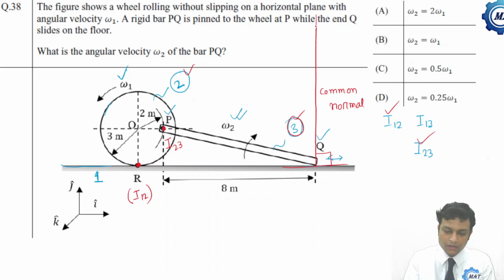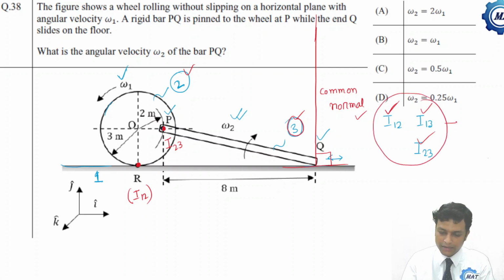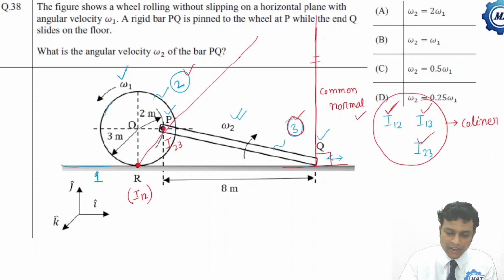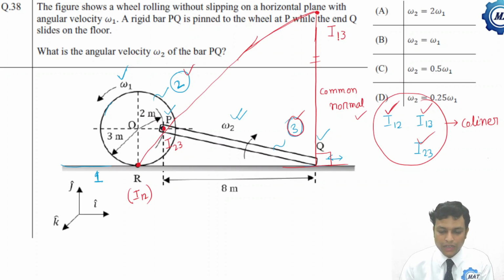And another condition, according to Arnold-Kennedy's theorem, we know that these 3 relative instantaneous centers are collinear. So if I join these 2 and extend this, that will meet this line, that will be nothing but the location of I13. This should be a straight line. So this is I13. So 3 instantaneous centers we have located.